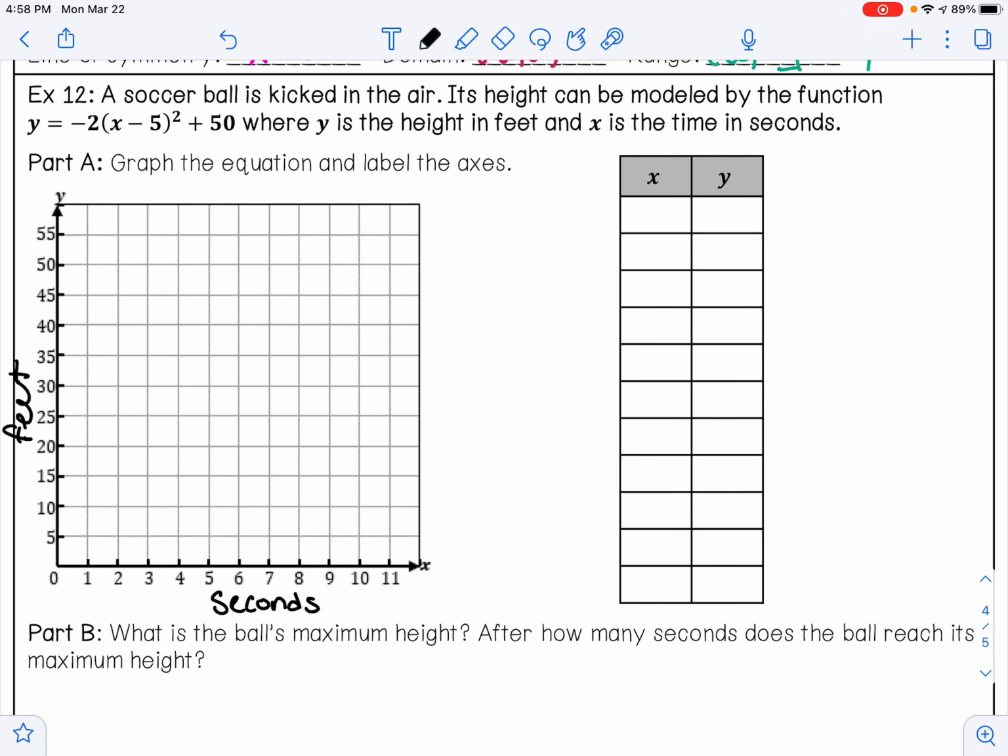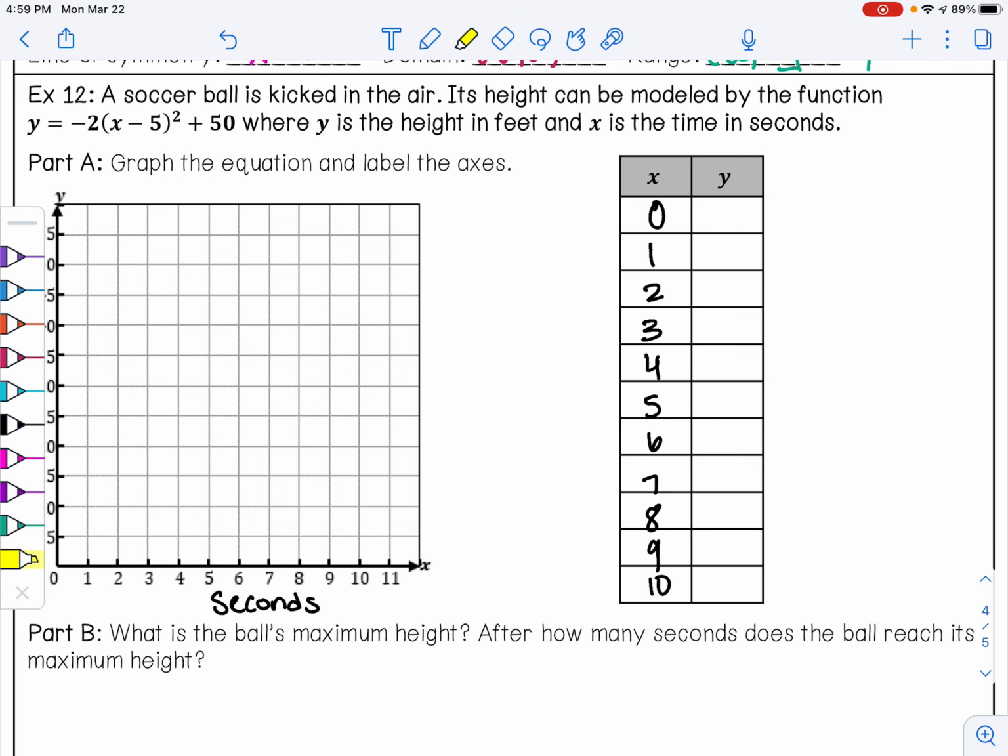So I want to begin where time is 0 because I want to start at the beginning, and I'm just going to fill in this table until I get to the end. The equation that they gave us, y equals -2(x minus 5) squared plus 50, is in vertex form.